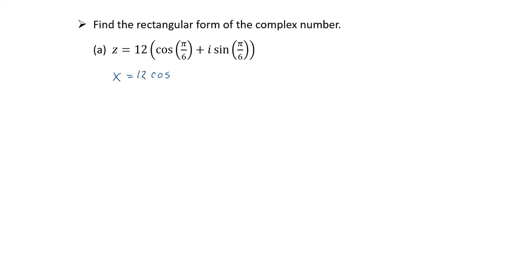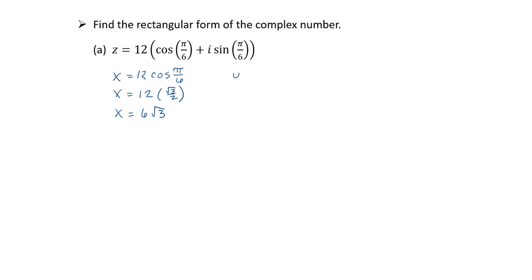My theta is pi over 6. So x will be 12 times the square root of 3 over 2, which is the cosine of pi over 6. So x is 6 square roots of 3.